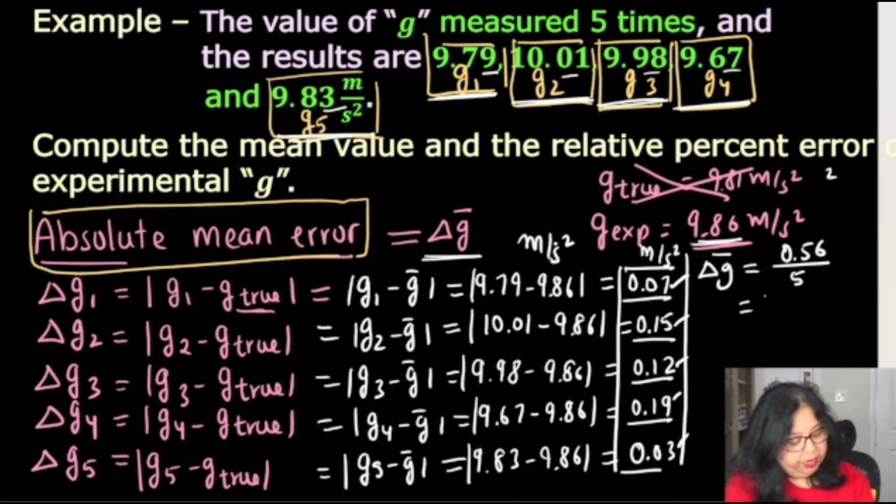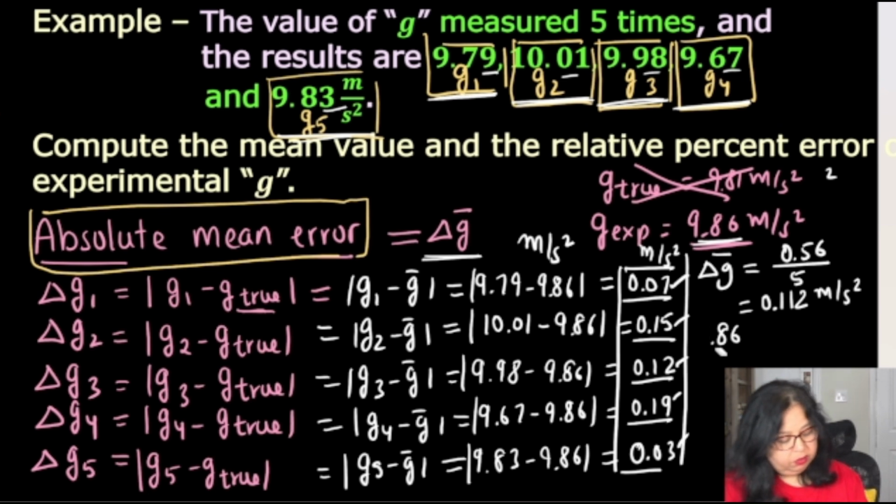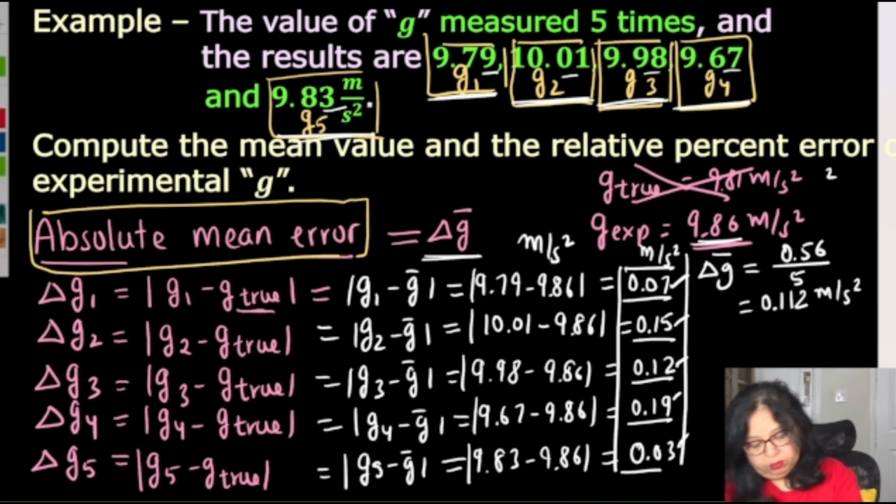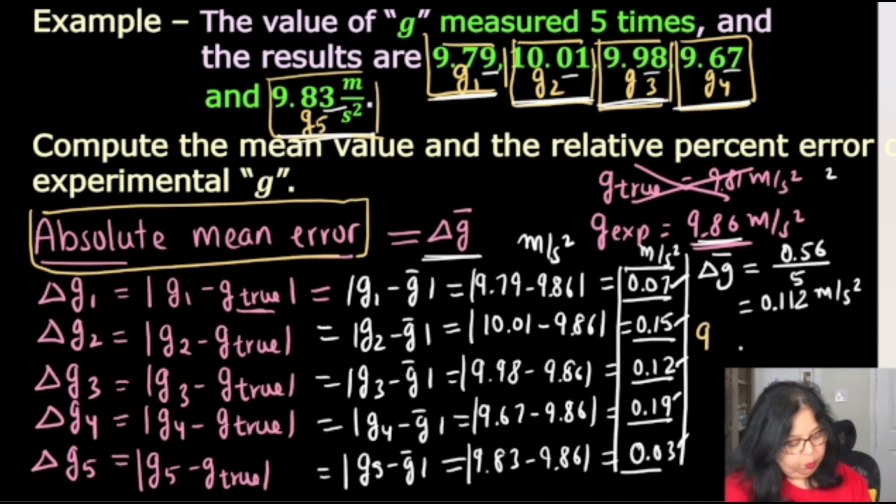This gives us 0.112 meters per second square. So the answer in the proper form will be 9.86 plus minus 0.112 meters per second square.